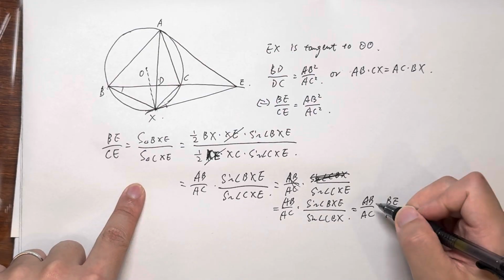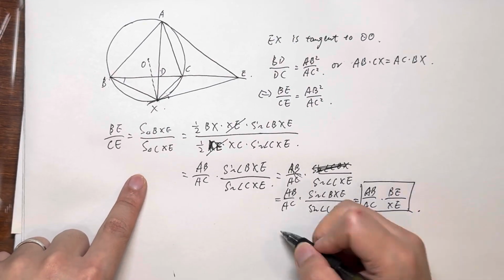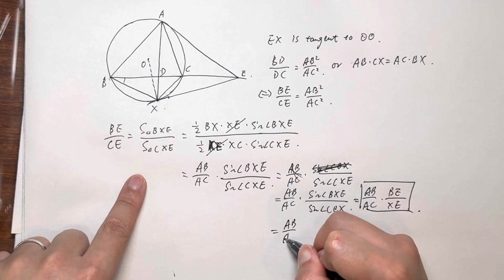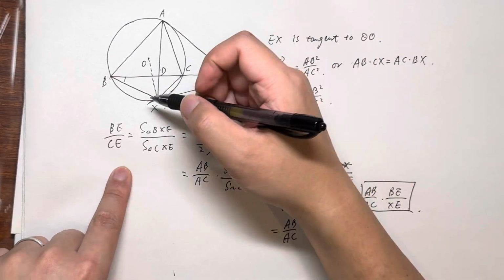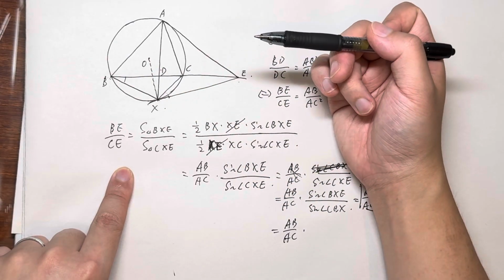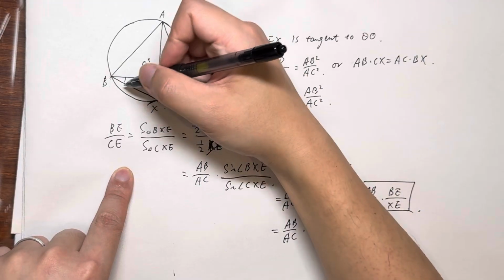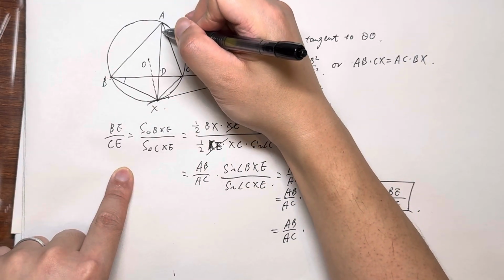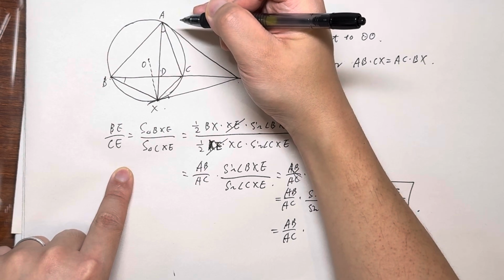Oh, actually, we don't need to do this. So it equals AB to AC times sine angle BXE, right? And BXE equals this one here, actually.